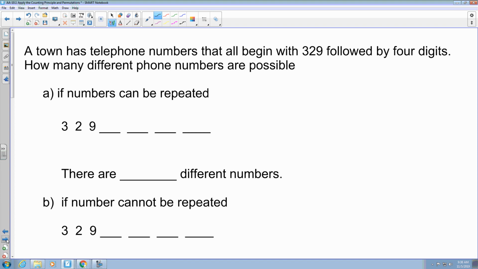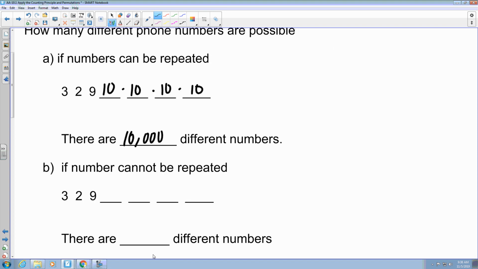That can be either 0, 1, 2, 3, 4, 5, 6, 7, 8, 9. So there are 10 possible choices. There are also 10 possible choices for the 5th number, 10 for the 6th number, and 10 possible choices for the 7th number. So we just multiply those 4 numbers together and we get 10,000 different numbers.